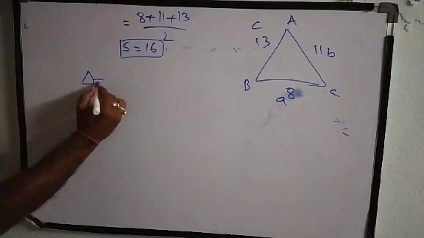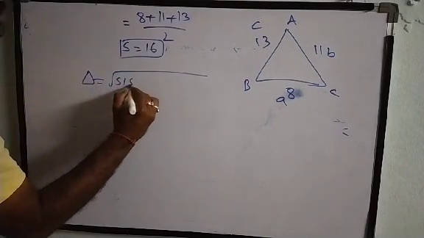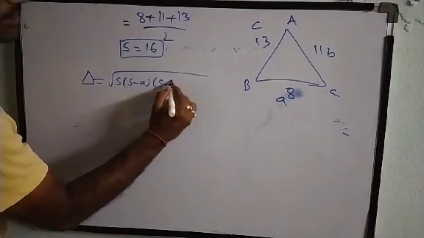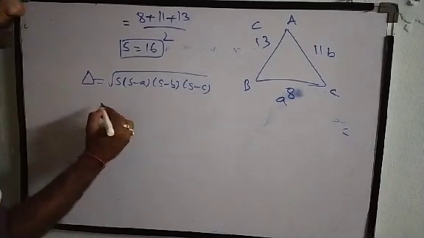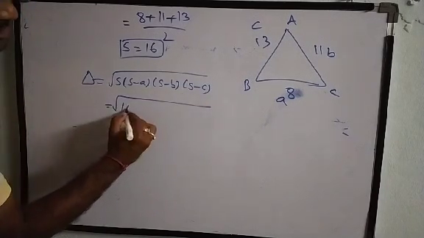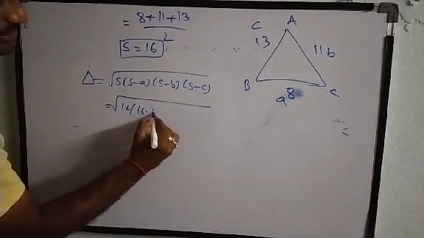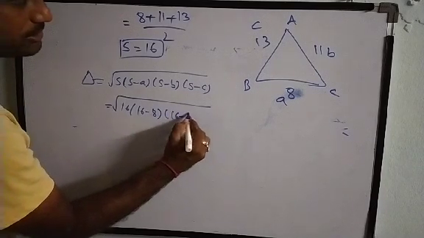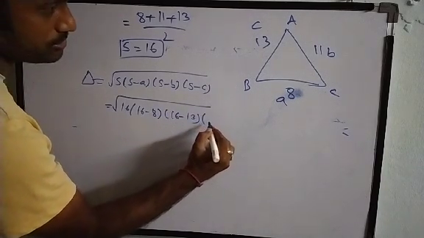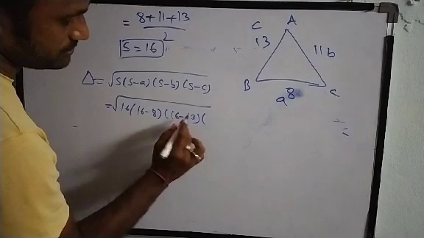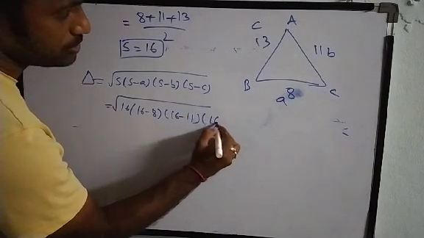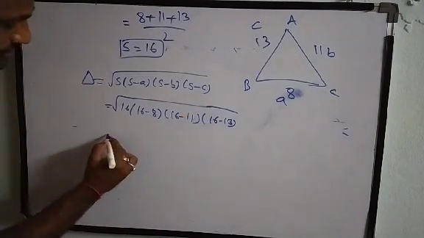So delta is equal to root of s into s minus a into s minus b into s minus c. This is Heron's formula. Root of 16 into 16 minus 8 into 16 minus 13 into 16 minus 11 into 16 minus 13.